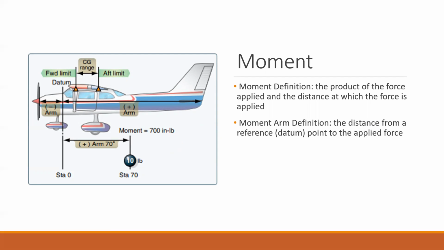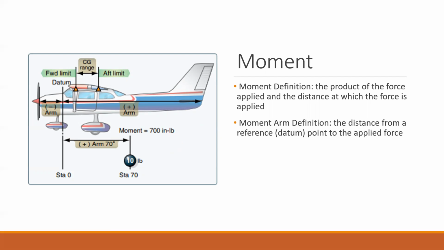Usually we consider the firewall our datum, and so we measure from that point, and that's our zero point. And so we can calculate the moment arm for our different pieces of the aircraft. Backwards towards the rear of the aircraft is going to be some positive number. And so you'll have positive stations, and that's how we can calculate what the moment arm of a point is.